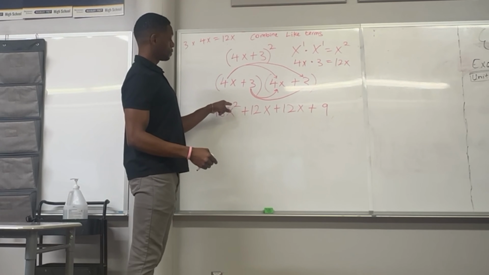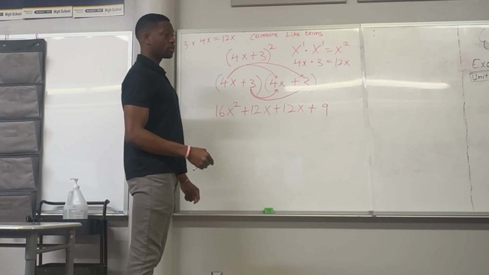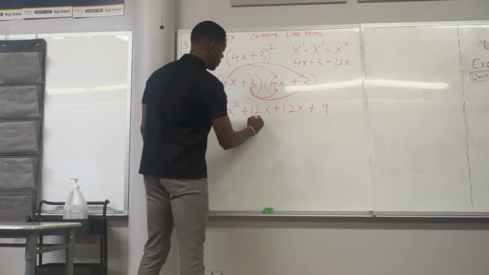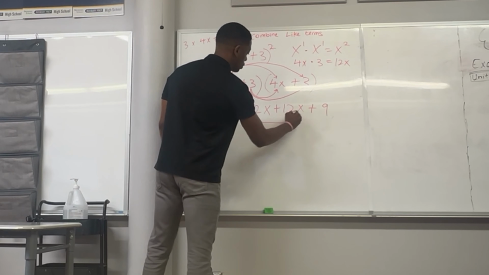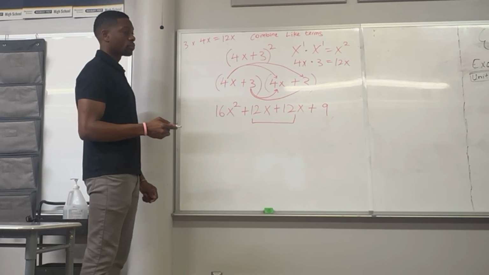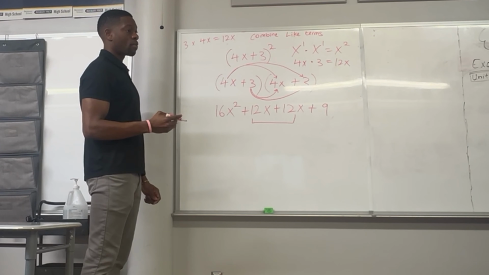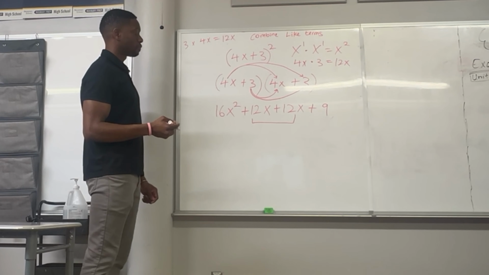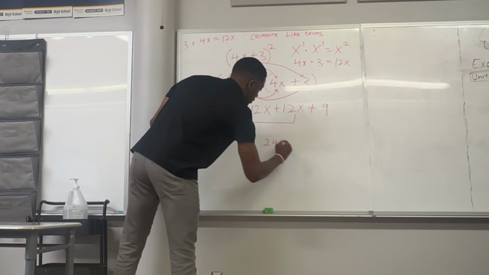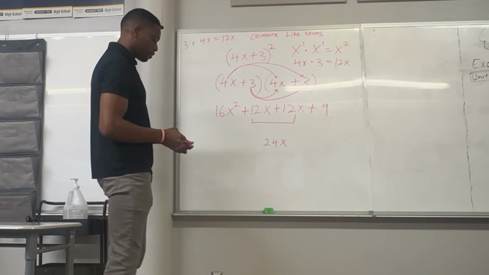Because it has a 2, so it's not the same. This and this are not the same. So if I combine these 2, what would that give me? 24 what? 24x, right? So 24x.